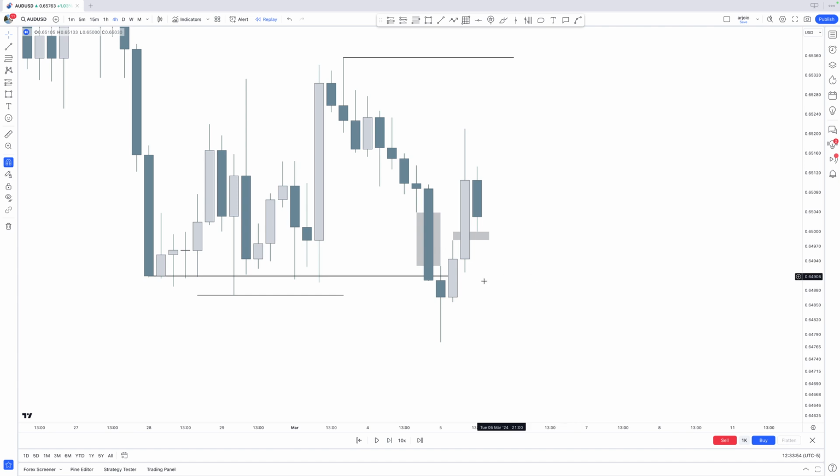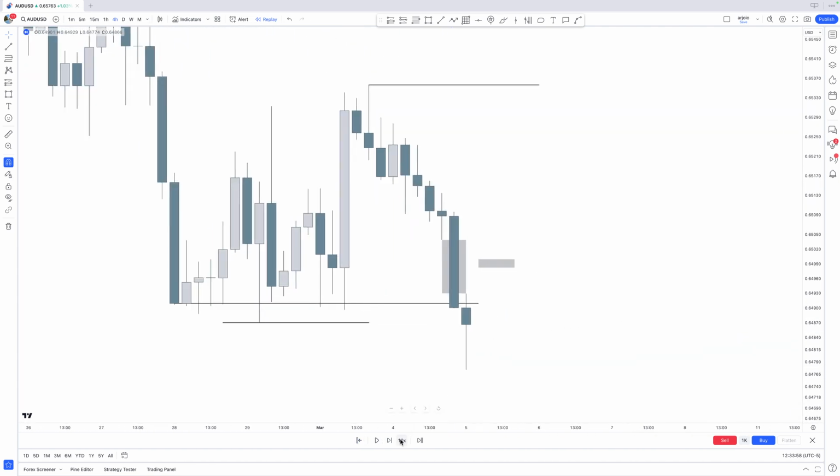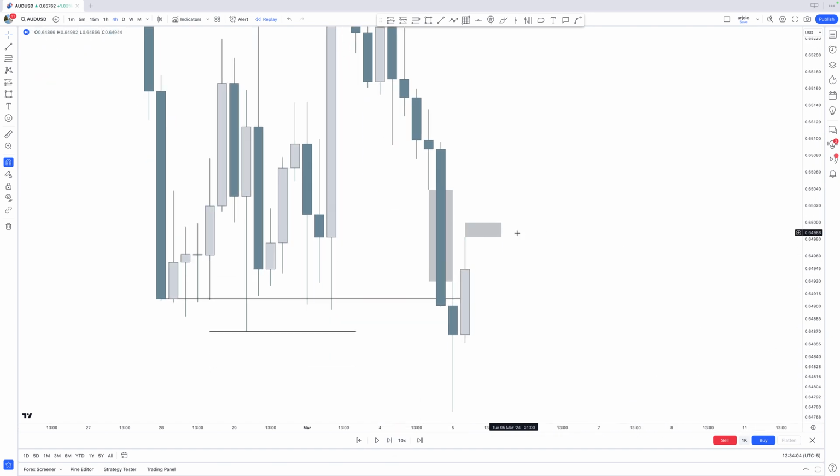So at this moment in time already, we come back into that fair value area. And what do we see? Do we see a rejection right there? On the first candle, I would argue that this wick right there is again somewhat of a rejection. All right, if we do not agree with that, we can wait for the second candle. If the second candle comes above that right there, then we should sweep that previous candle high, the previous 4-hour high right there, to then continue lower off of that.